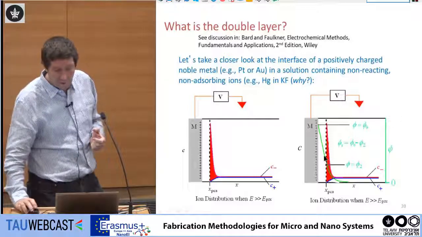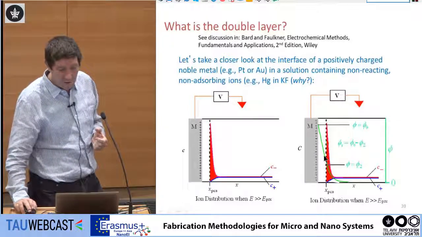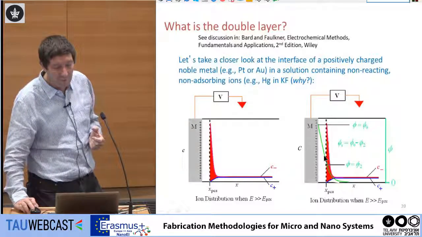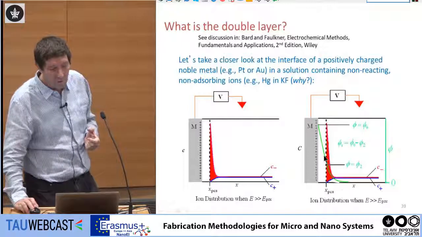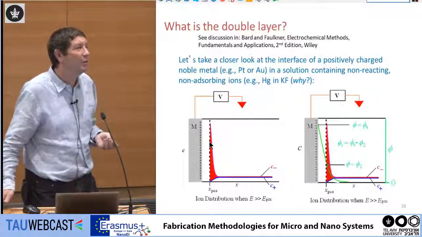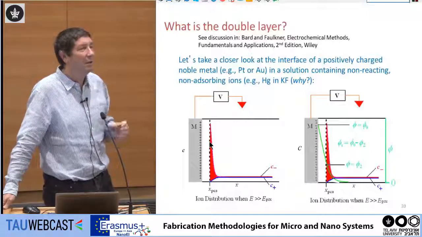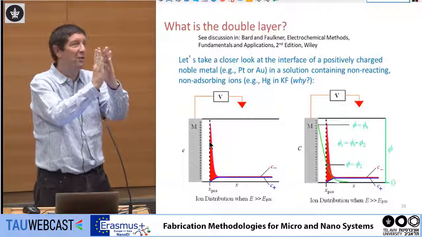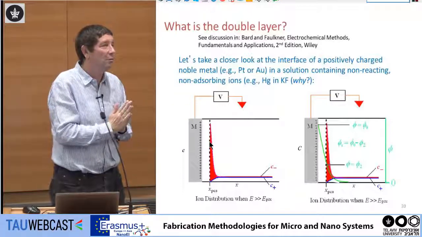And if you look at the potential, you find out that between the inner Helmholtz plane and the metal, we have a layer which is typically about half a nanometer, or 0.7 of a nanometer, up to 1 nanometer, which is the dipole layer. And over there, there's no charge, there's just dipole.